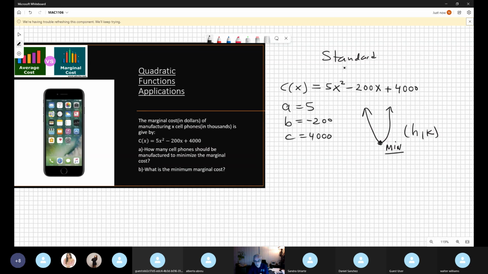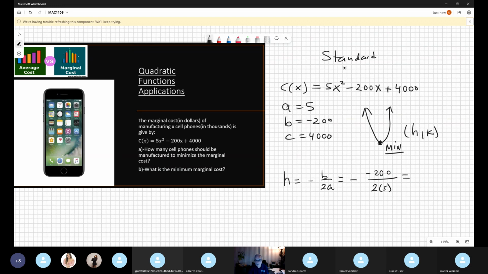It's the money the manufacturer needs to pay to create this phone. We come back again to the famous formula: h is equal to minus b over 2a. Plugging in, minus b is negative 200 divided by 2 times 5. This is easy by hand.